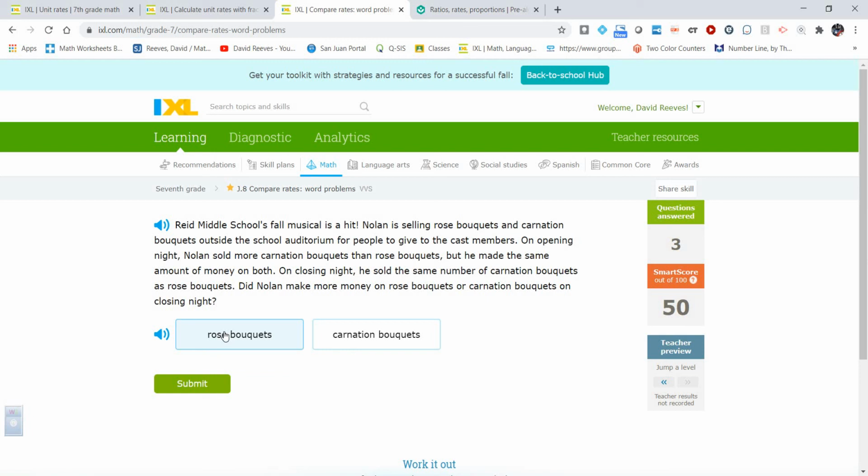Well, wait a second. Nolan is selling rose bouquets, right? He sold more carnation bouquets than rose bouquets, but he made the same amount of money on both. All right. Well, if you have to sell more to make the same amount of money, what does that mean? That means that that item is cheaper, right? You're going to have to sell more Toyotas to make the same amount of money than you are to sell Porsches, right?